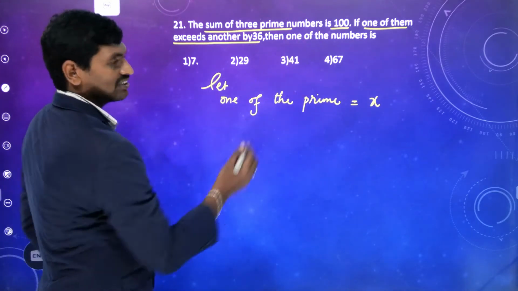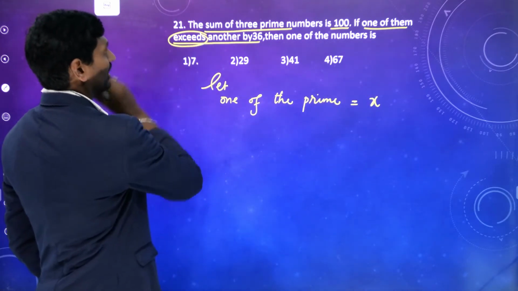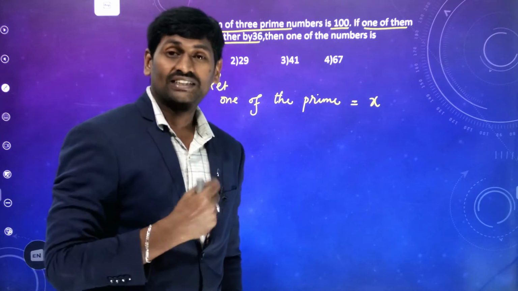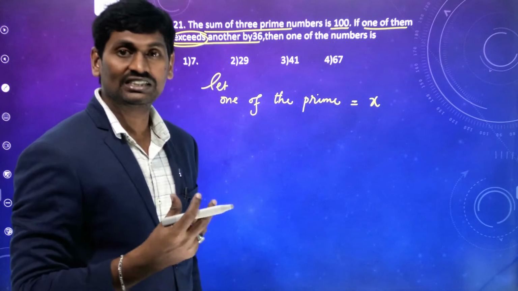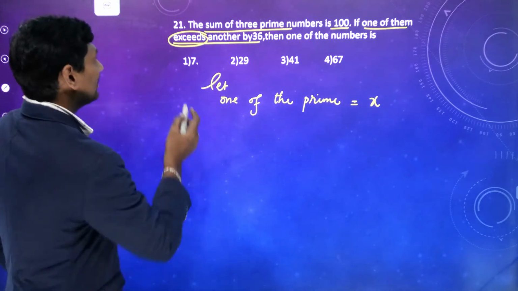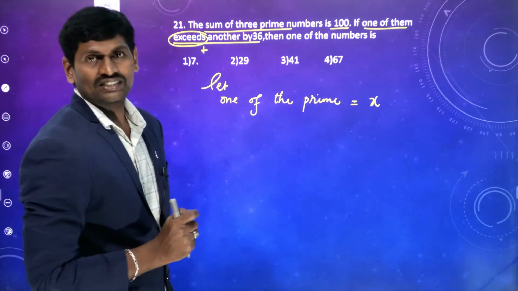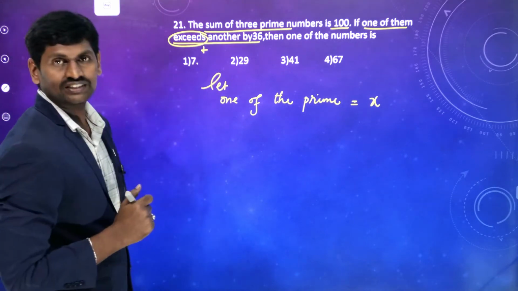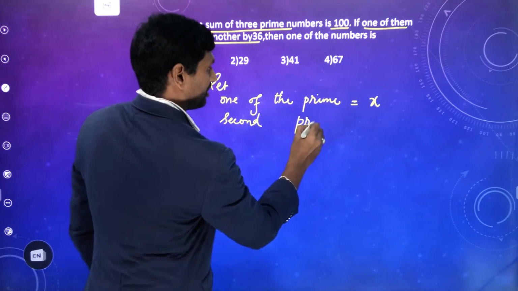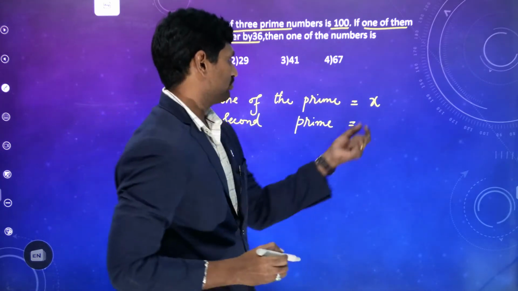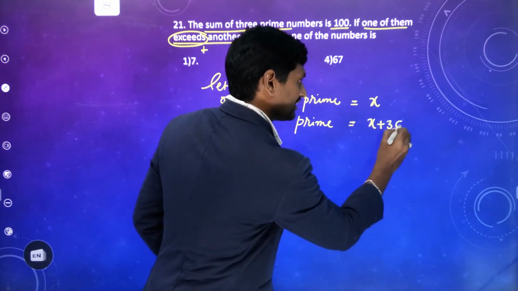Now coming to the question, children, the second sentence: if one of them exceeds another, what is the meaning of exceeds? Exceeds, more, increased, increase, all indicate the plus symbol only. That means if one of them is x, then another one is x plus 36. So the second prime number according to our assumption is x plus 36.